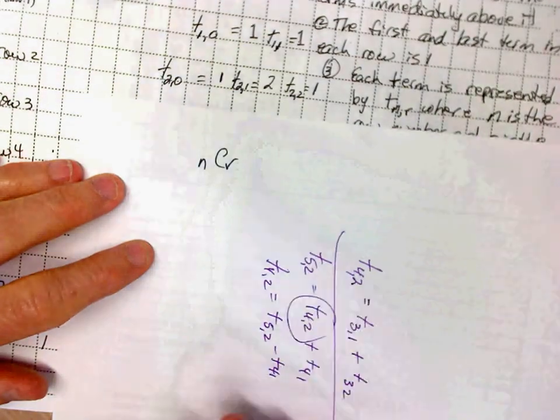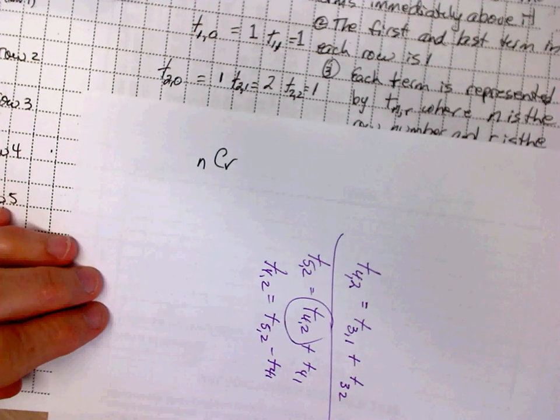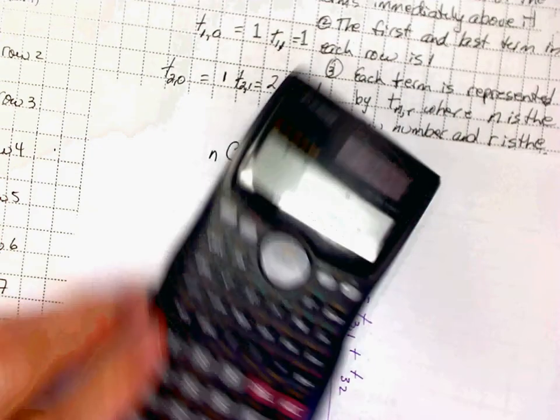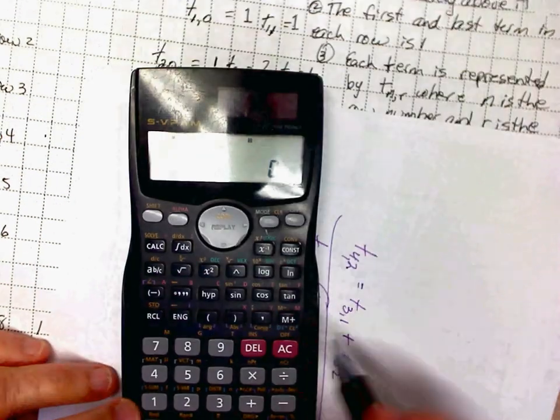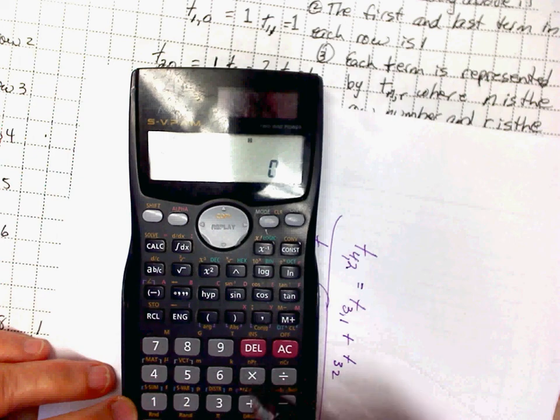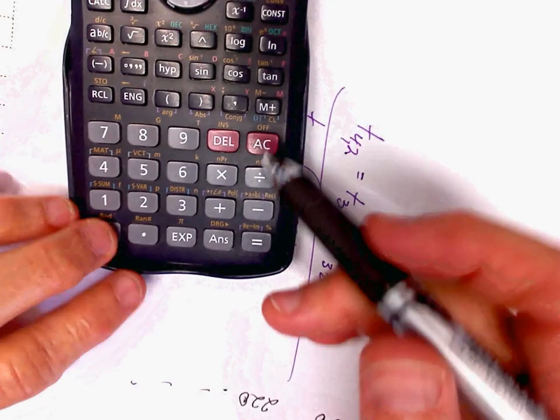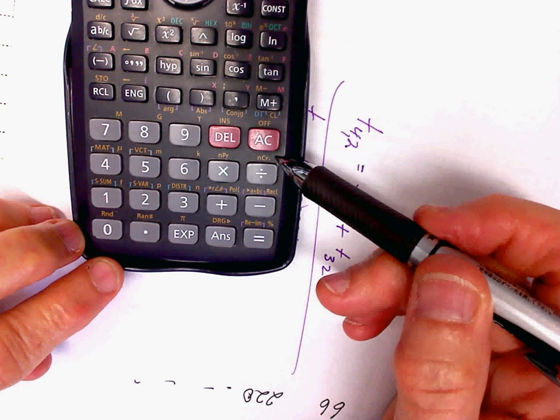Has everyone found it? Is there anybody who has not found it? Sometimes my nCr button is above my division line, but yours could be someplace else.